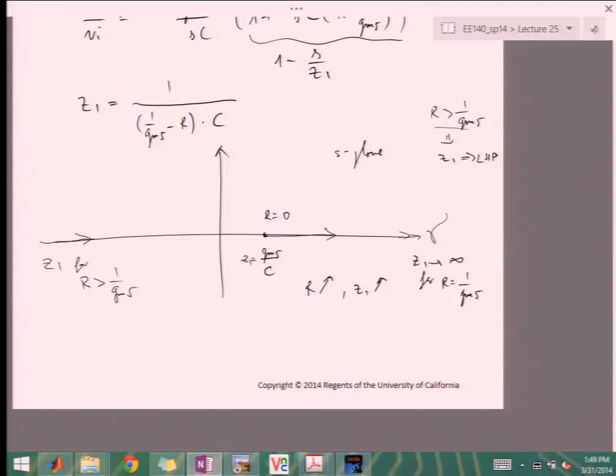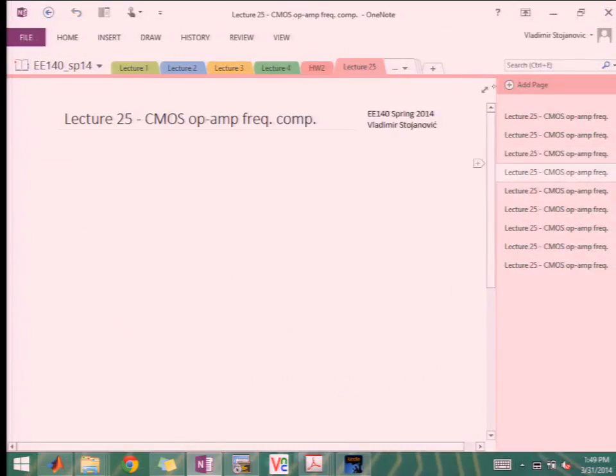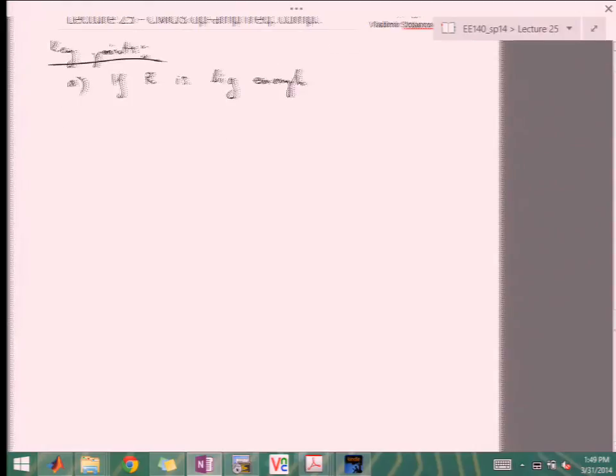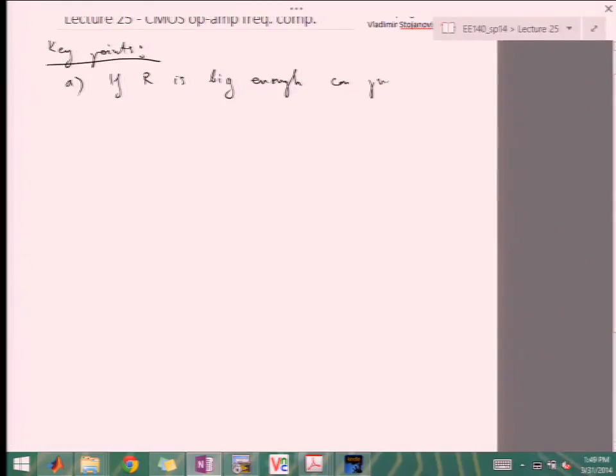Okay. So let's take a look at some of the key points for this. Okay. So if R is big, or big enough, we can push 0 into left half plane.